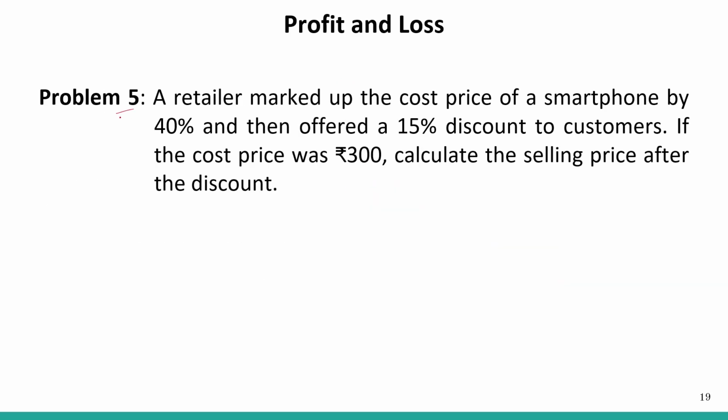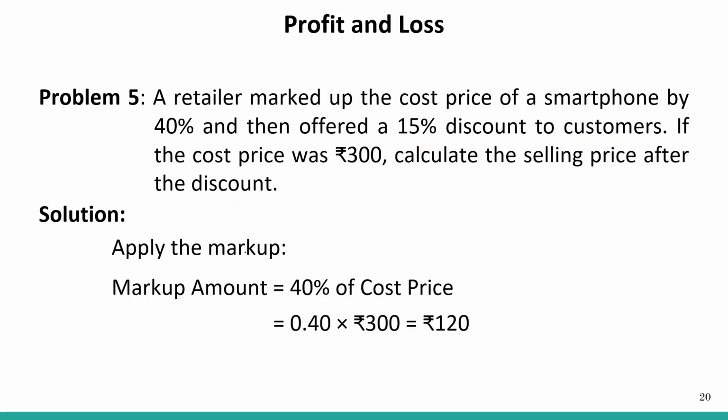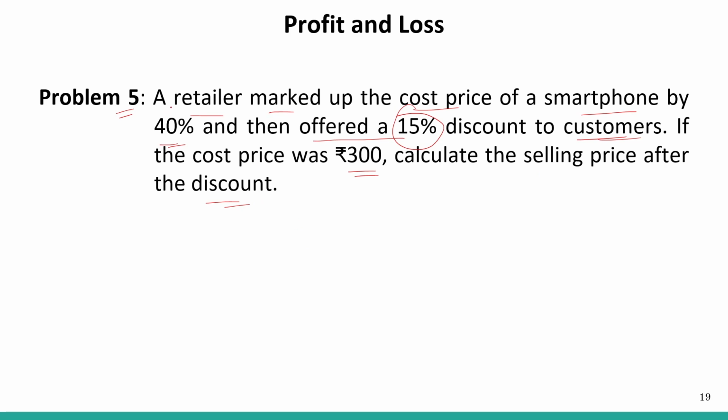So let's see problem number 5. So a retailer marked up the cost price of a smartphone by 40% and then offered a 15% discount to customers. So if the cost price was 300 rupees, calculate the selling price after the discount. So what we have here is a retailer that marked up the cost price of a smartphone by 40%.